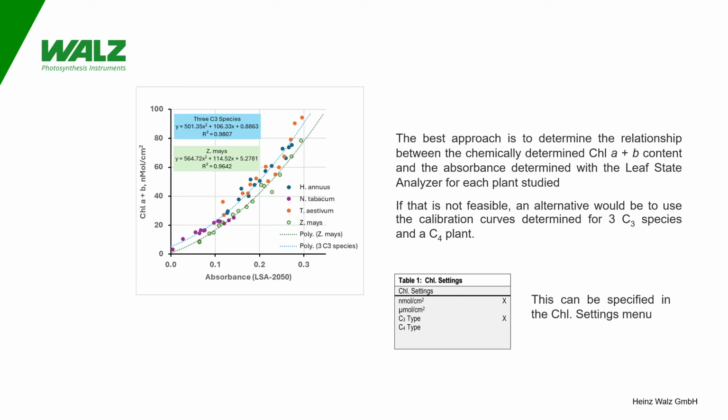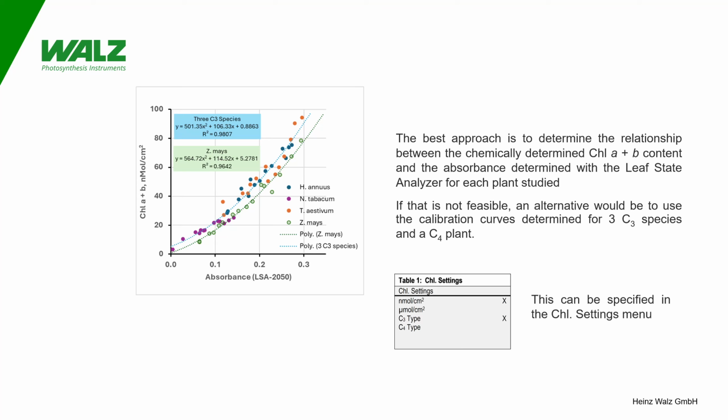The figure shows 3 calibration curves for C3 plants, Helianthus annuus, Nicotiana tabacum, and Triticum aestivum, and for the C4 plant Zea mays. The fit gives the calibration curve for all 3 C3 plants together, and another fit curve for the Zea mays data.